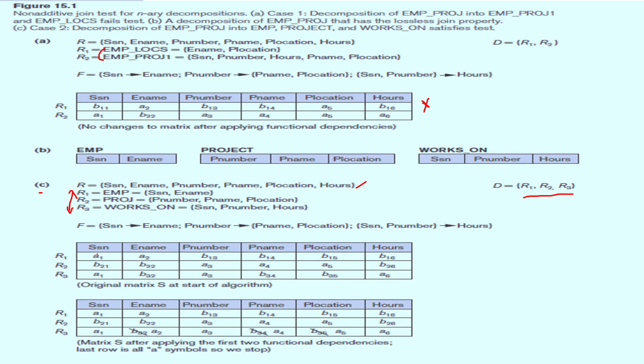Next, step 1: what does it tell? First you have to initialize. What do you have to initialize? The first row with symbol B: first row first column, first row second column, like this. Then second row, third column, second row, fourth column, second row, fifth column.